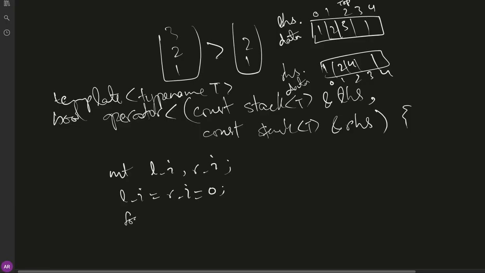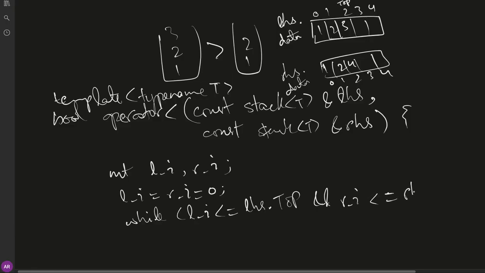So we use a for loop, or we can use a while loop. So while left index is less than or equal to left hand side dot top, if all the values are the same, we will go till the end of the array, or the index where valid values are stored, that is the top index, and right index is less than or equal to right hand side dot top, right?